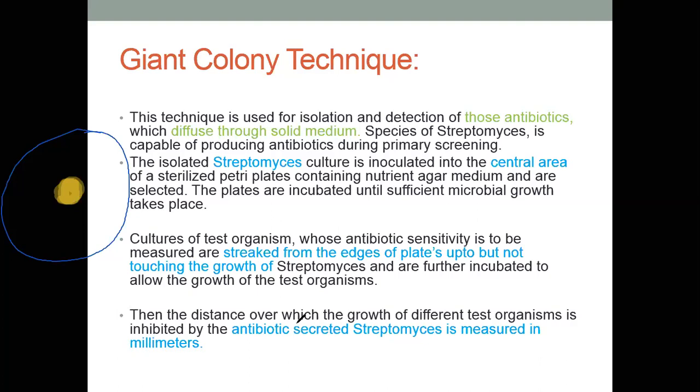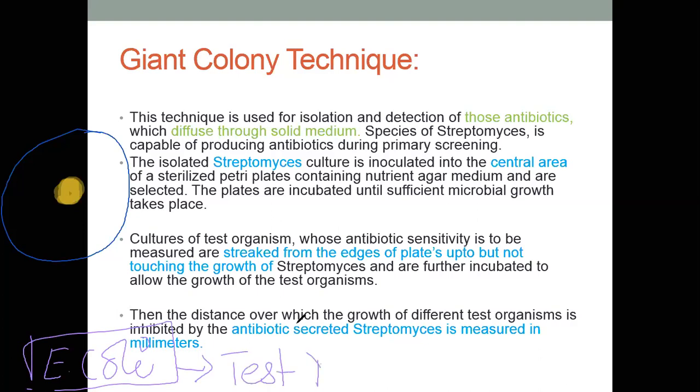So let's say our test organism is an E. coli strain, right? So this E. coli strain is the test organism. All right, so what I'm writing is MO for microorganism.